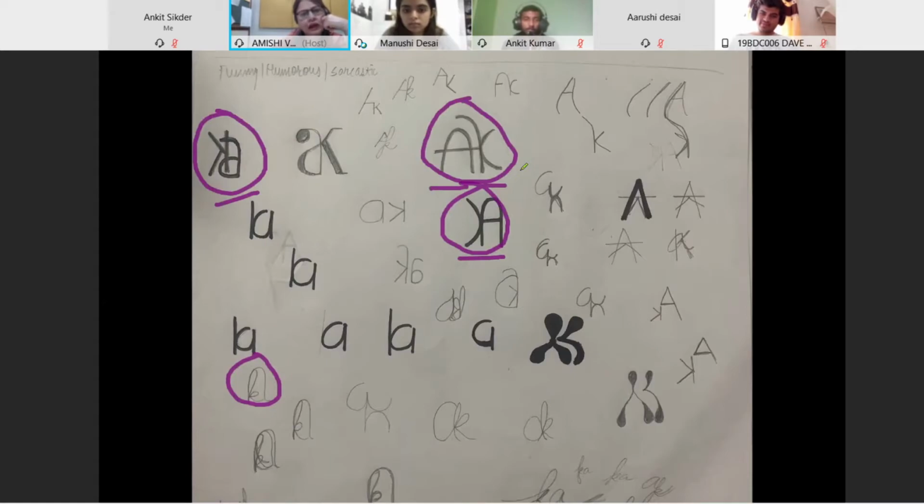I see two A's getting formed because of the vertical stroke of K, right? And then A is a capital case and K is small case. That is also bringing a lot of cheerfulness and happiness to your overall look. Yes, ma'am. So that is interesting, I feel, to take forward.